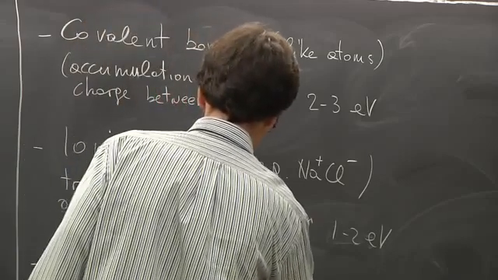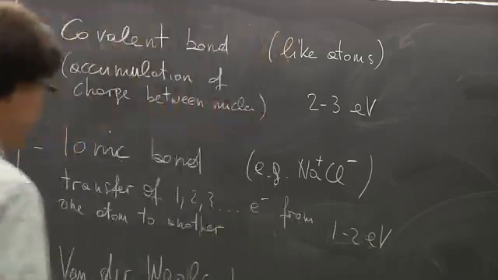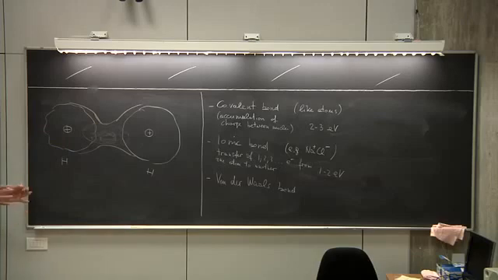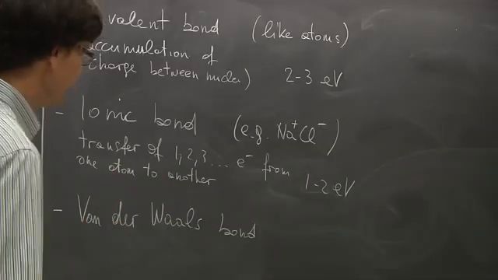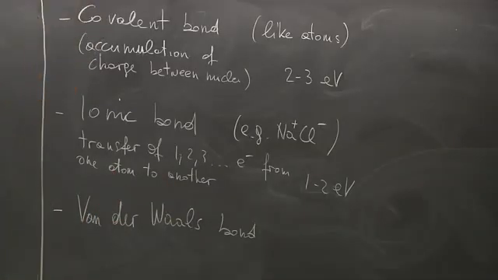The van der Waals bond is a bond in which there is almost no charge redistribution, but it's what results from the interaction between two neutral and unperturbed charge distributions.